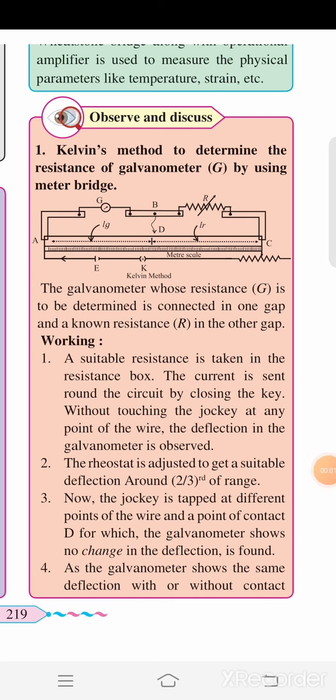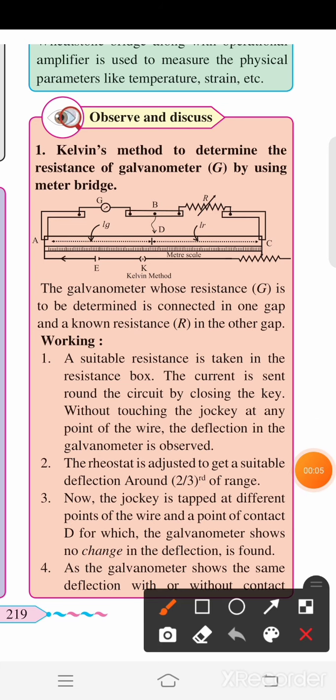Using that circuit diagram, we explain the construction of Kelvin's method to determine the resistance of galvanometer G with the help of a meter bridge.